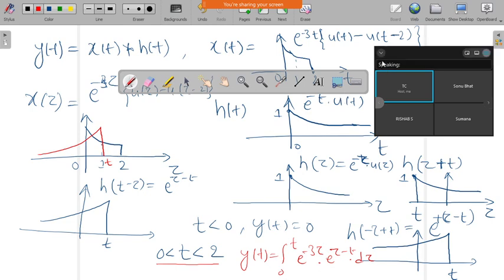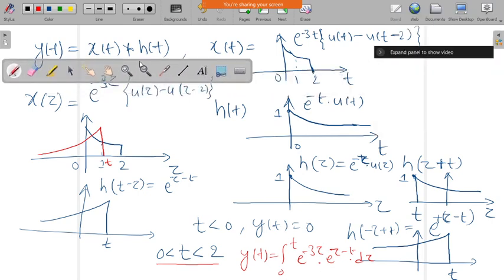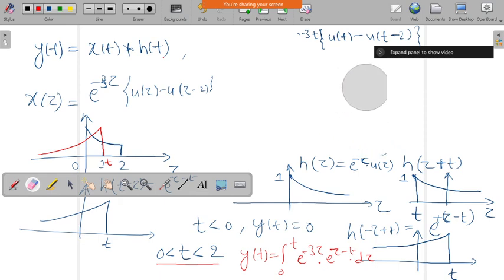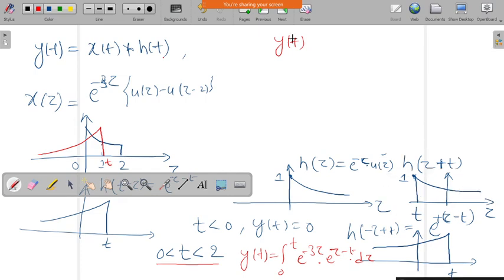Now if I do that, y of t is equal to the integral from 0 to t of e power minus 3 tau into e power tau minus t into d tau.